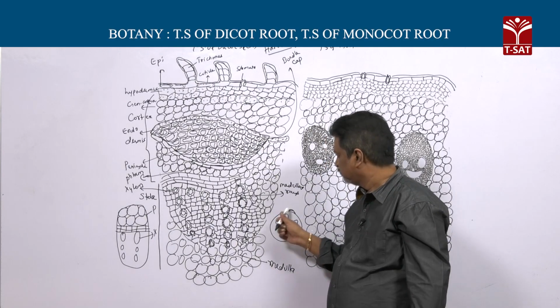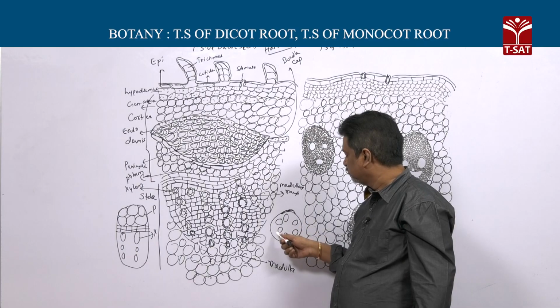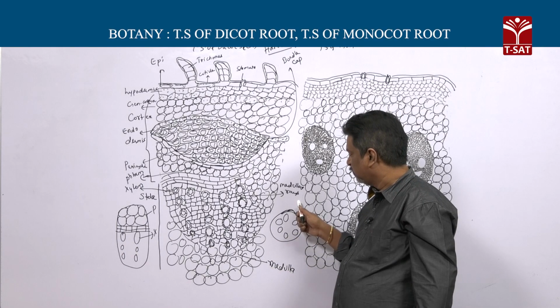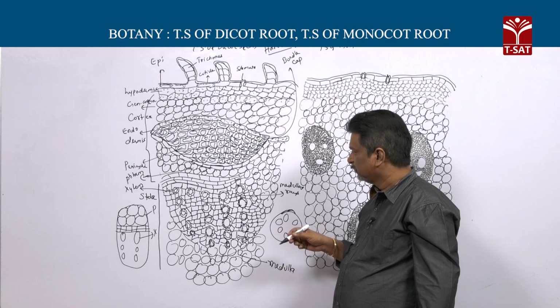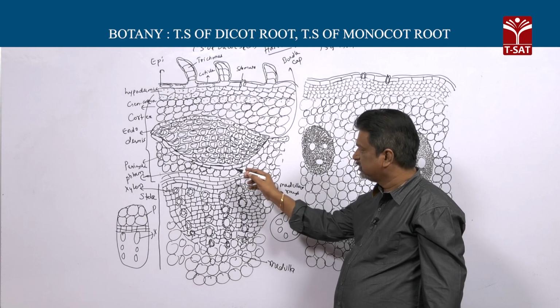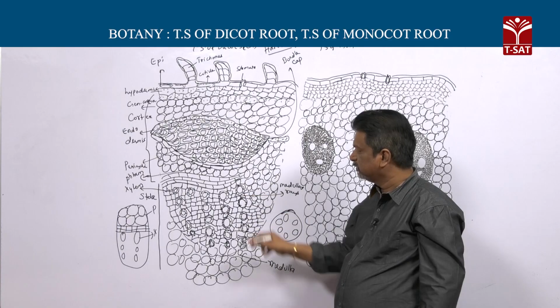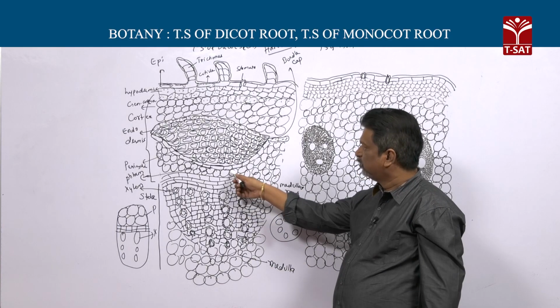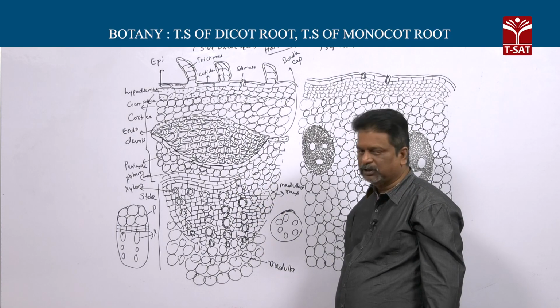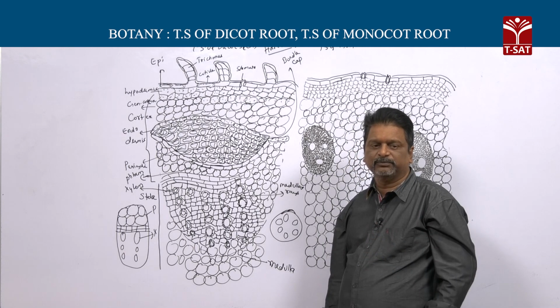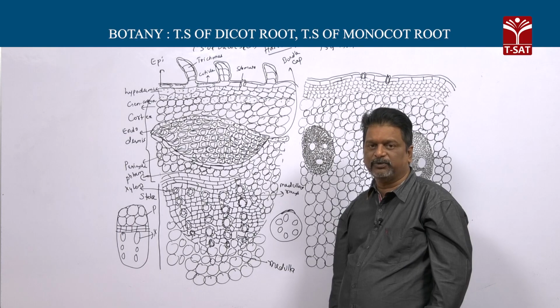So, the point is once again that vascular bundles are arranged in the form of a ring called eustele, and in vascular bundles phloem is outside, xylem is inside, both are present on the same radius, called collateral, both are joined, called conjoint. Between xylem and phloem there is cambium, so it is called open.